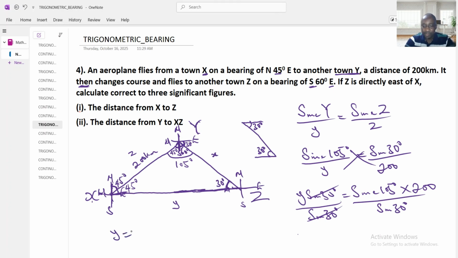Sine 105 gives us 0.9659, multiplied by 200 gives us 193.19, divided by sine 30. Sine 30 is 0.5, which is half.